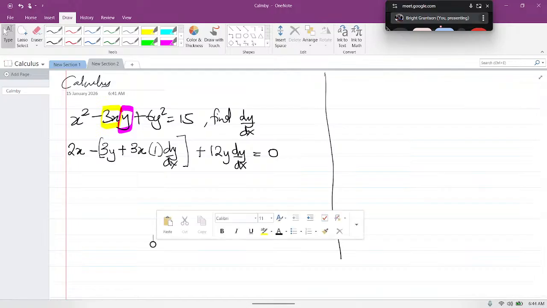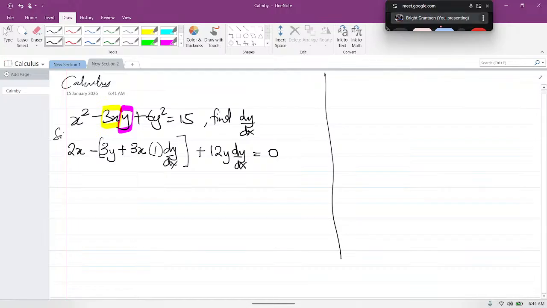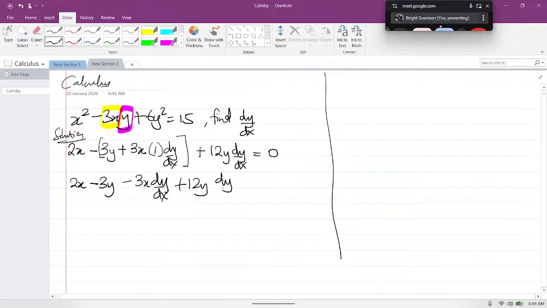Now let's look at this. So 2x minus 3y. You see the way I treated the negative, so that I will not miss it. So minus 3x dy/dx plus 12y dy/dx equals 0.